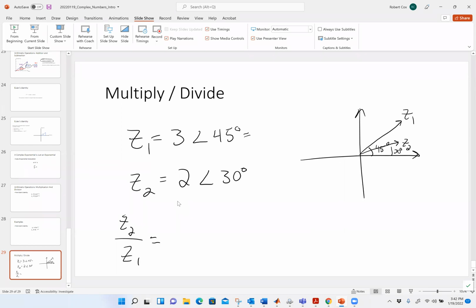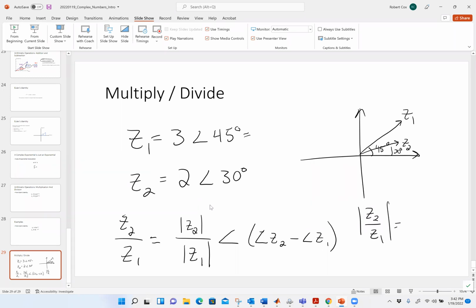The other way to approach this, and you may have seen this when you manipulated vectors in high school or previously, is I can divide the two magnitudes, and the angle becomes the angle of Z2 minus the angle of Z1. So I divide their magnitudes and subtract their angles. In this case, the magnitude of Z2 divided by Z1 is 3/2, right?